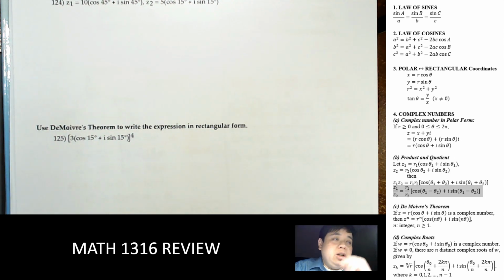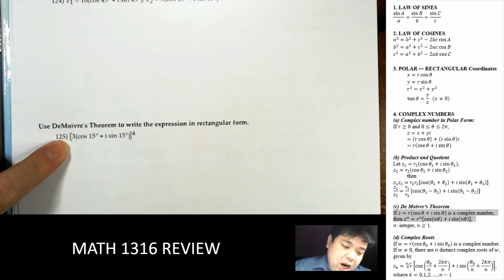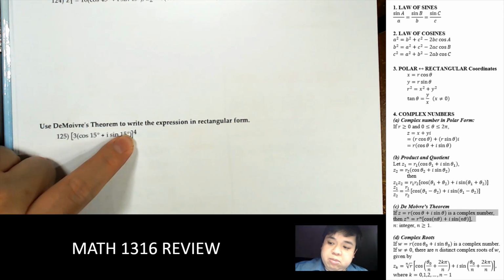The last part is the De Moivre theorem. If it is in this form already, this is very easy. The De Moivre theorem is this. We're going to raise the modulus to the power and multiply the angle by that number.